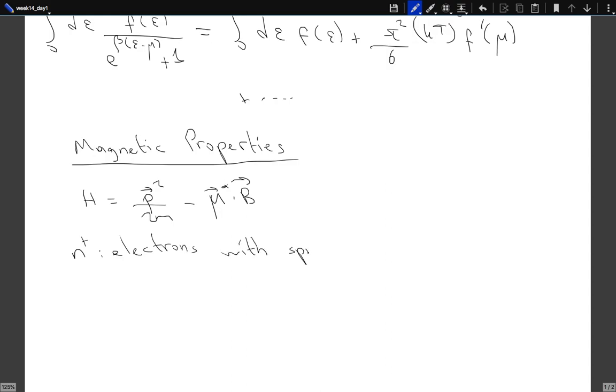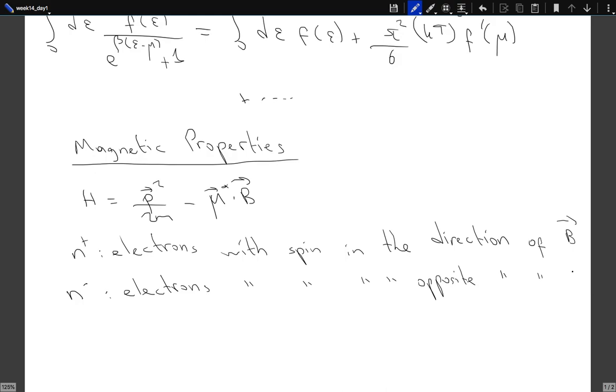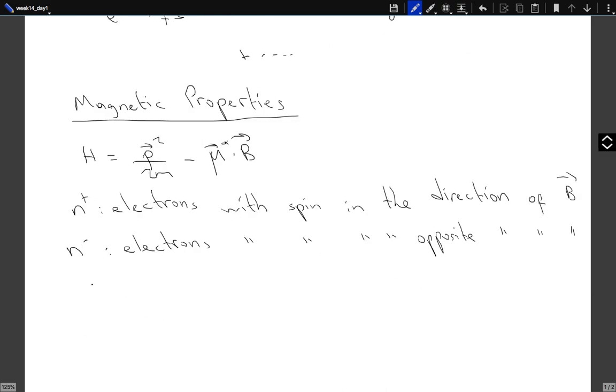N plus are electrons with spin in the direction of B, and N minus are the electrons with spin in the opposite direction of B. So these electrons, even if they have the same kinetic energy, will have different total energies. So epsilon plus, if they are pointing in the same direction, their energy is p squared over 2m minus μB. And epsilon minus is p squared over 2m plus μB.